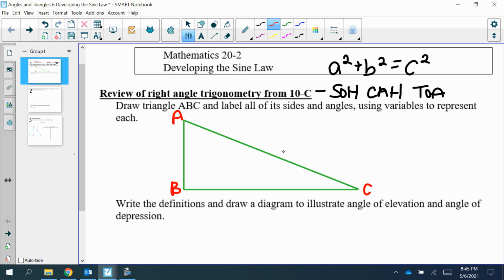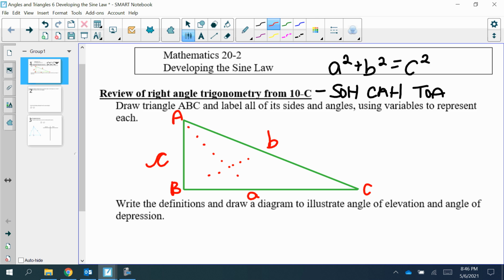The other way that we could label it, you see how I used capital letters at all of the vertices here? The other way that you can label it is the side that's across from it, the lowercase letter of that. So across from B would be side b, and across from, meaning not touching it, opposite to it, angle A would be side a, and then C's a little bit harder, so I usually make it a cursive C or something that you can tell the difference between those two C's.